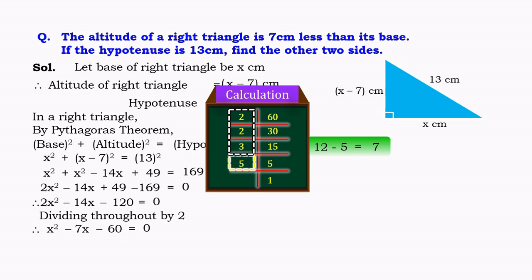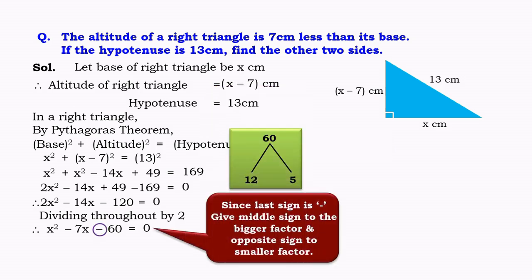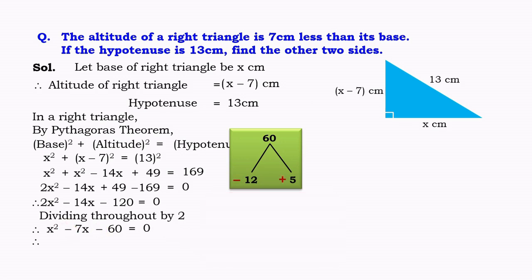The numbers 12 and 5 satisfy this condition because 12 minus 5 equals 7. Since the middle term in the equation is negative and the constant term is also negative, we assign the negative sign to the larger factor and the positive sign to the smaller factor. Therefore, the two required numbers are negative 12 and positive 5.